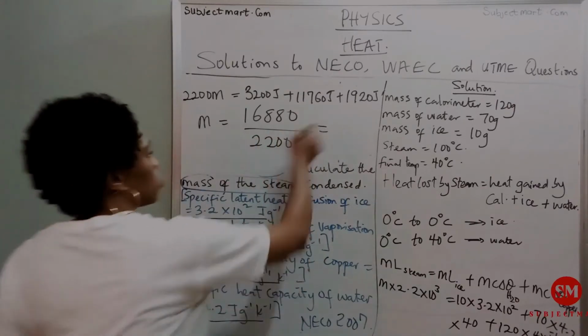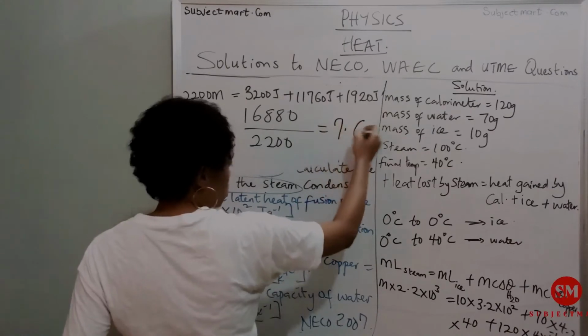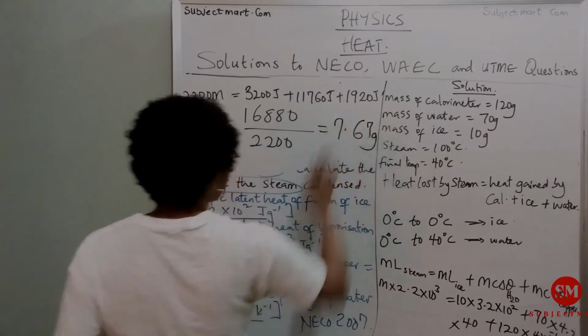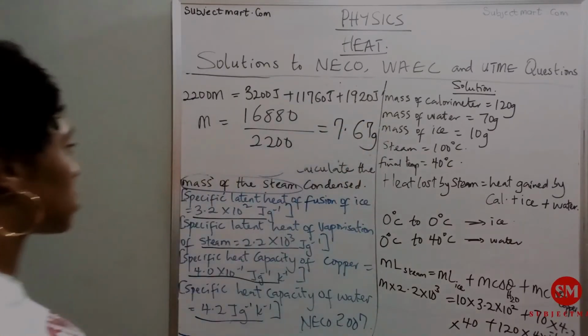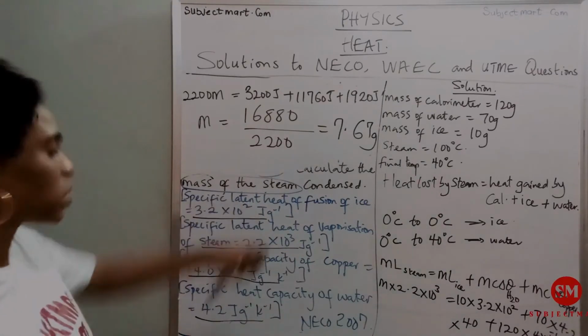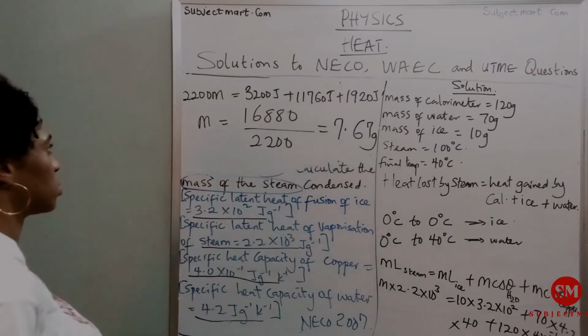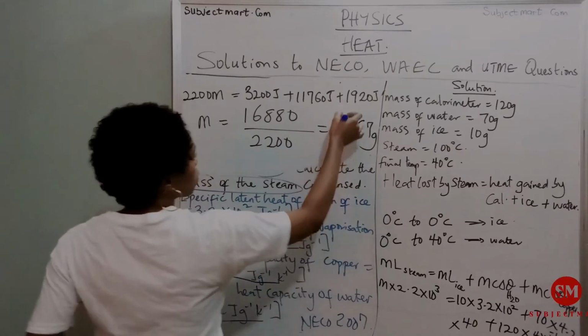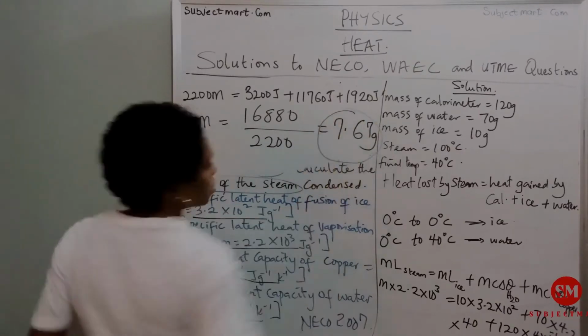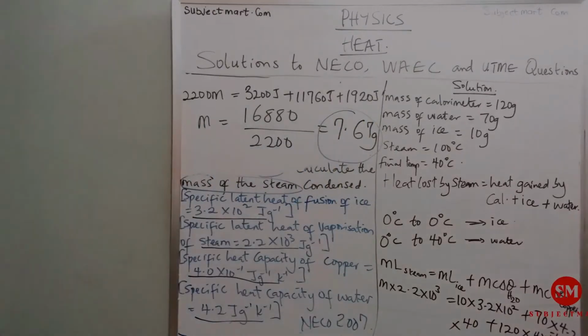And that will be equal to 7.67 grams, which is the mass of the steam that we are asked to find. So the mass of the steam is equal to 7.67 grams.